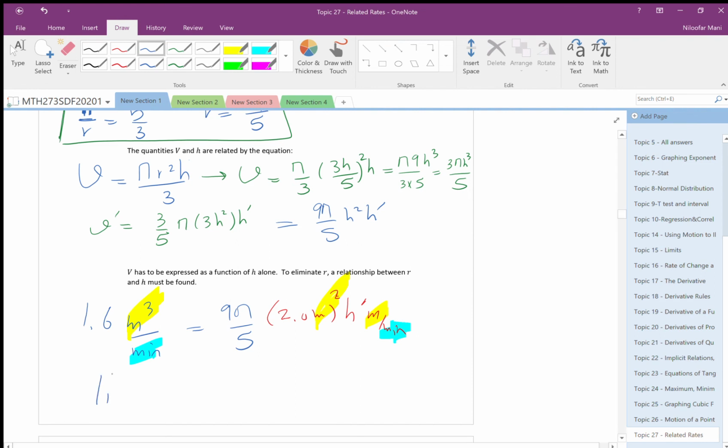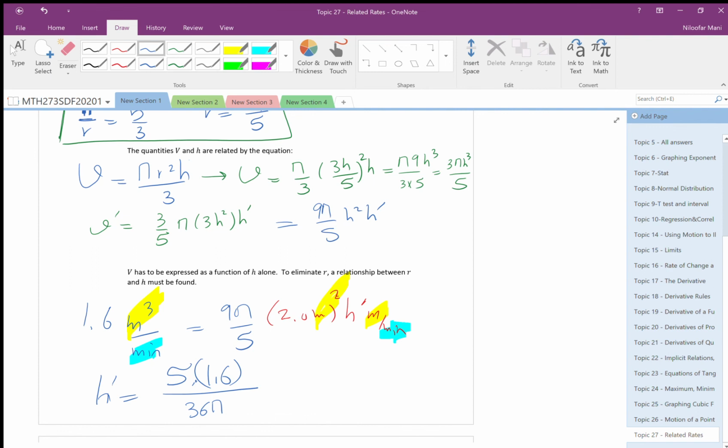So h prime is 5 times 1.6. So here you are just solving one equation. It should be 5 times that divided by 36 pi, because it's 2 squared, which is 4. Okay, and the answer is 5 times 1.6 divided by bracket 36 pi.